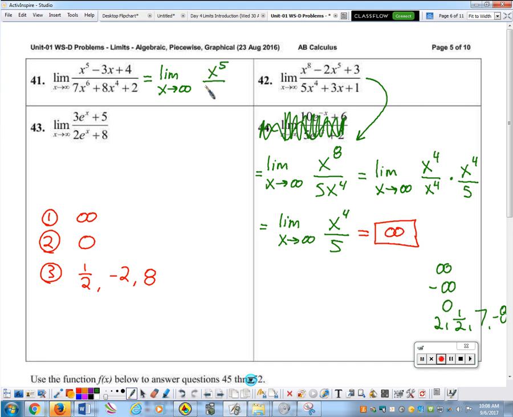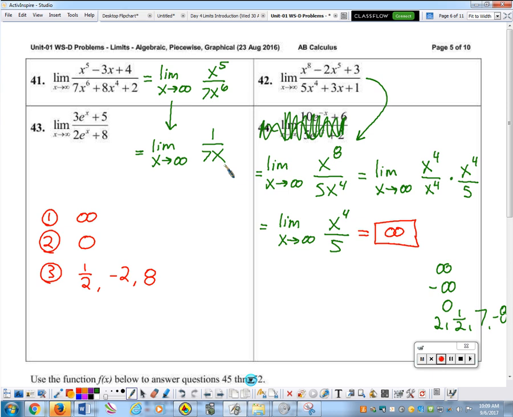The denominator dominant term will be the 7x to the 6th. Comfortable there? Yeah. Okay. I'm going to simplify that to this.